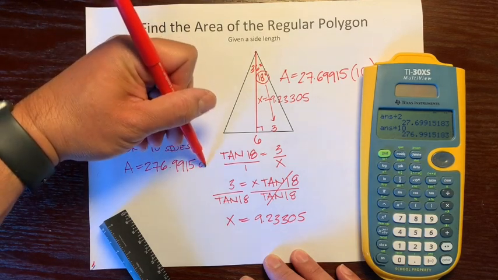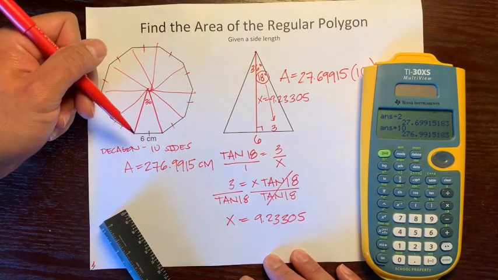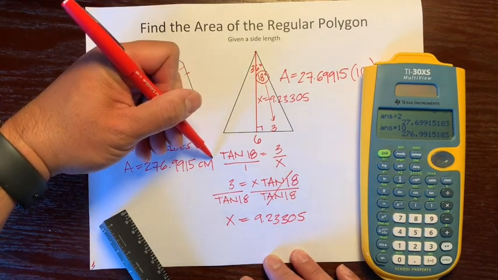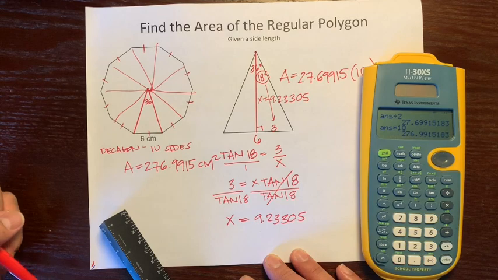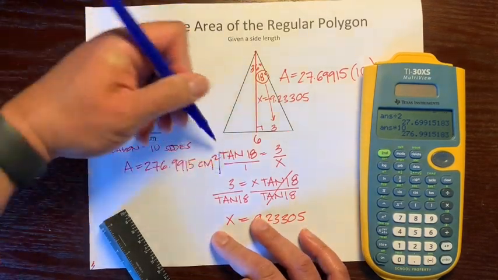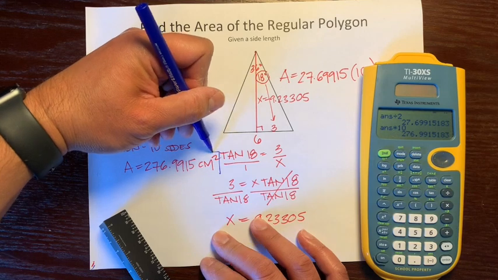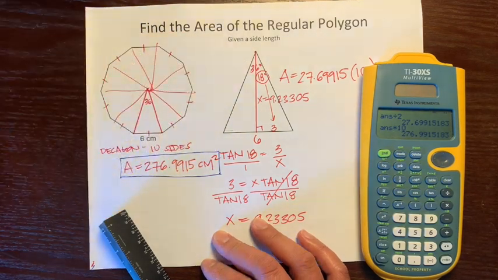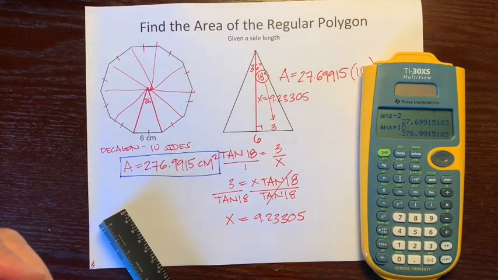Area is the number of squares that fit inside, so let's write centimeters squared. Let's take our blue pen, since we're so proud of all the steps we took and we know this is the correct answer. Let's box it and be confident that we got it correct. And now we know how to do these problems.